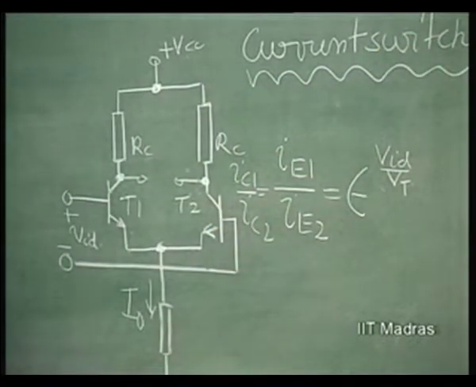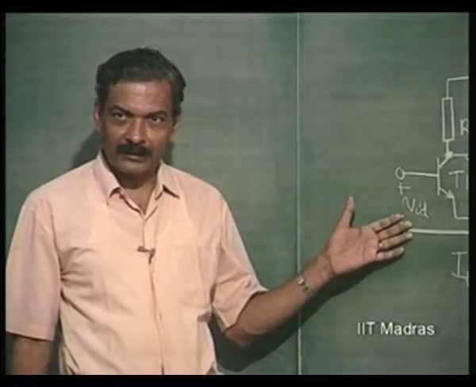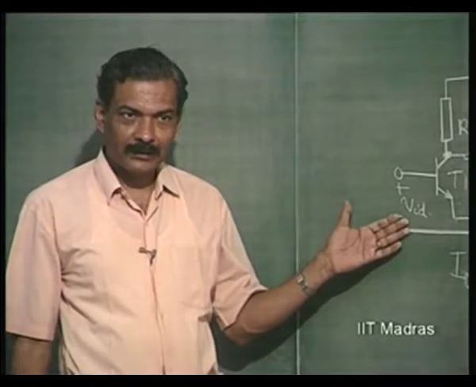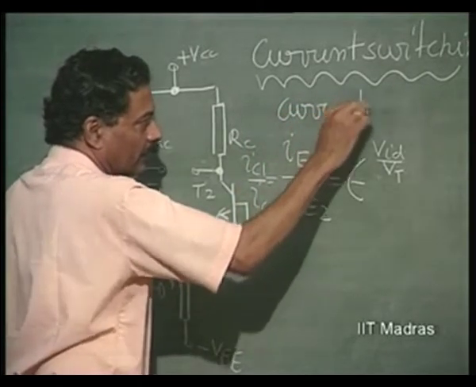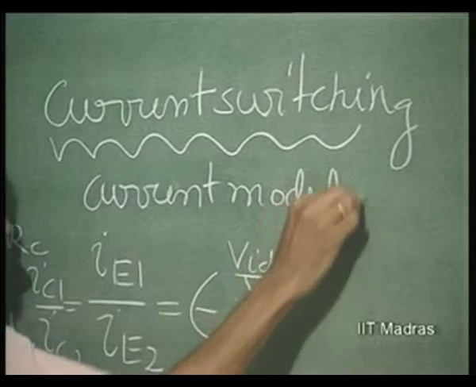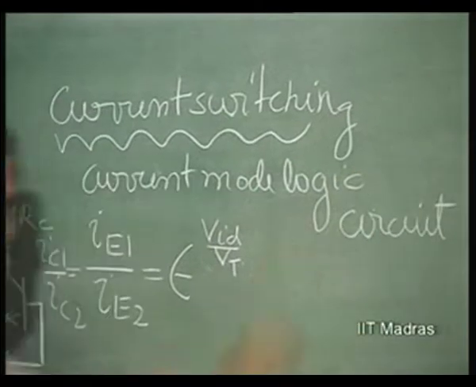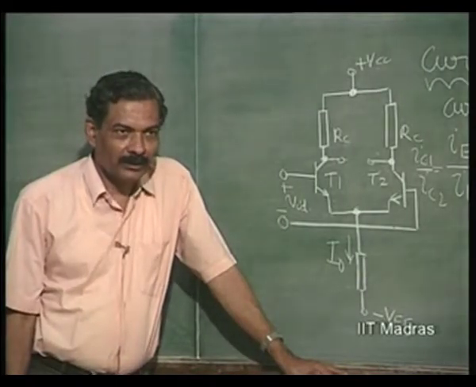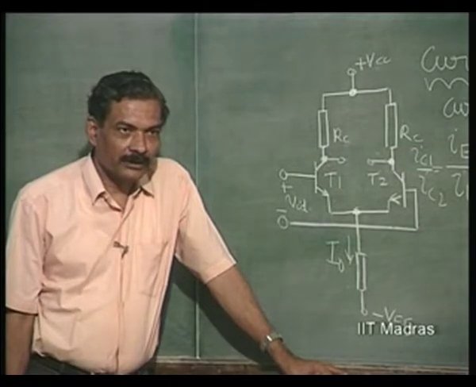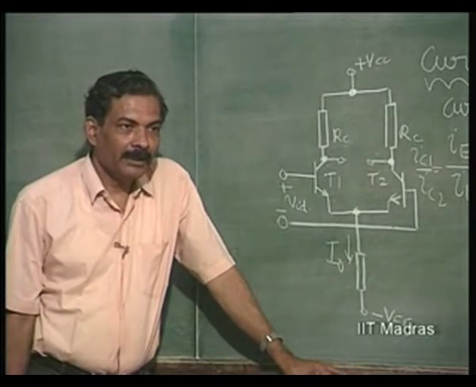And any logic circuit using this for driving the transistors off is called a current mode logic circuit. So, a differential amplifier belongs to a family of logic circuits called current mode logic circuits, or in this particular case popularly called emitter coupled.